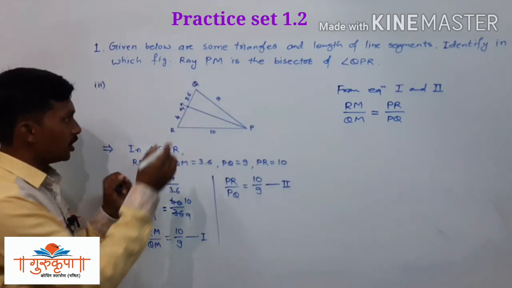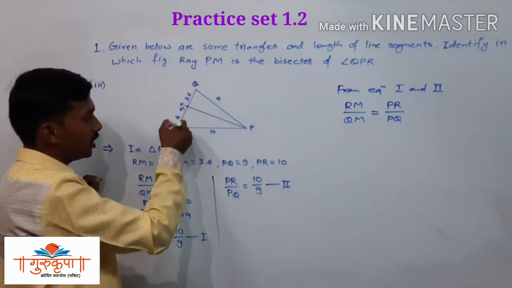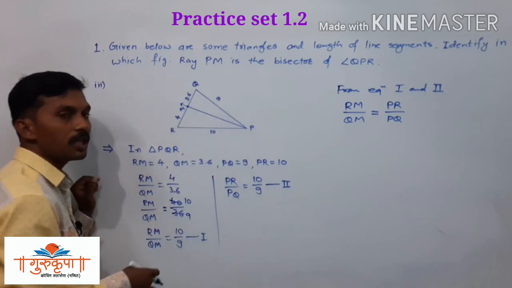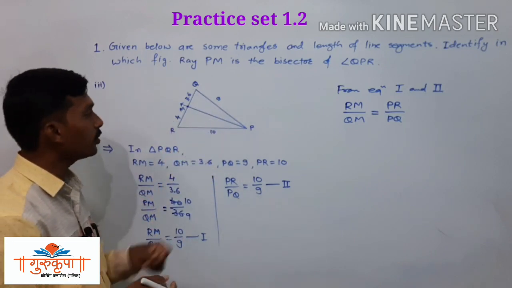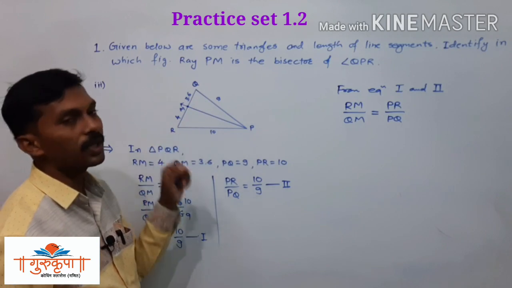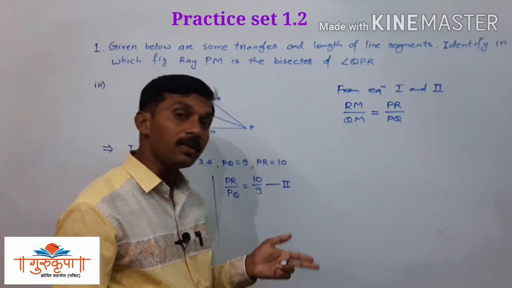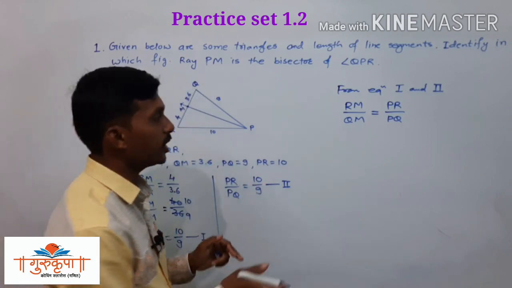Now since this point M divides the seg QR and the remaining two sides proportionally, we are able to say that Pm is the bisector of angle QPR, by using converse of angle bisector property.